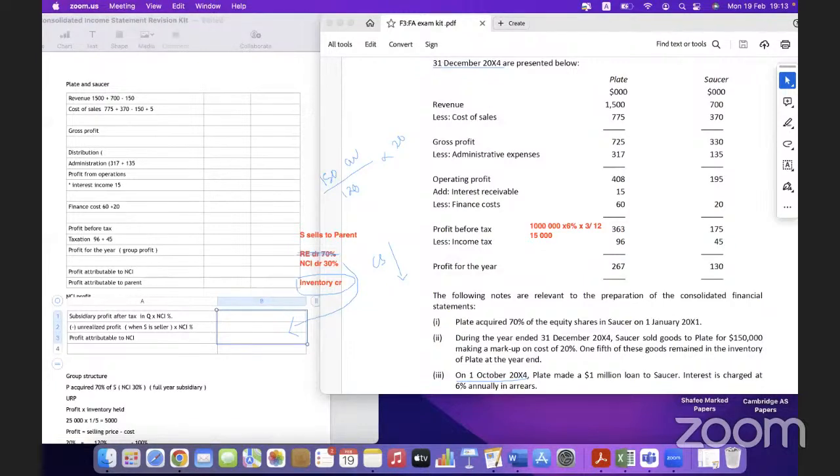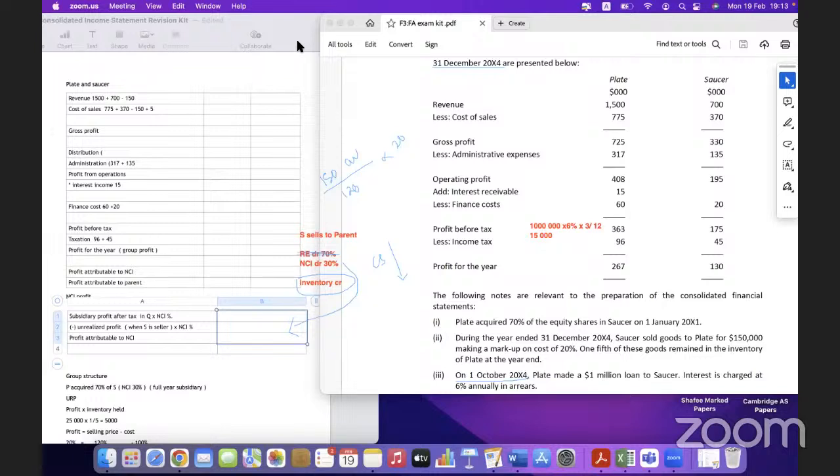Okay. Now guys, this is a transaction that's happening between parent and subsidiary. So what do we do with these transactions? We have to eliminate them. So guys, bottom line is that any trading transaction, any intra-group transaction that takes place must be eliminated from the books of accounts. Understood?